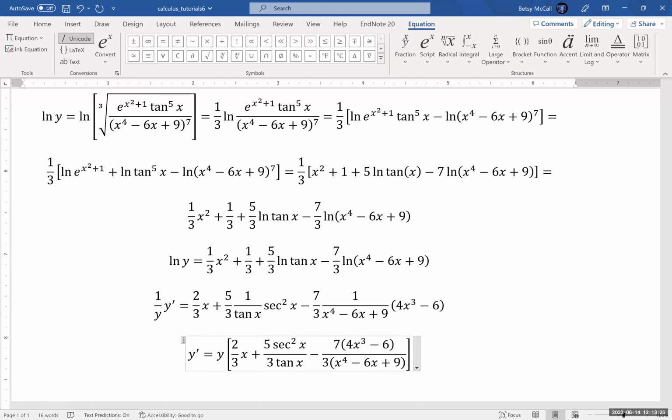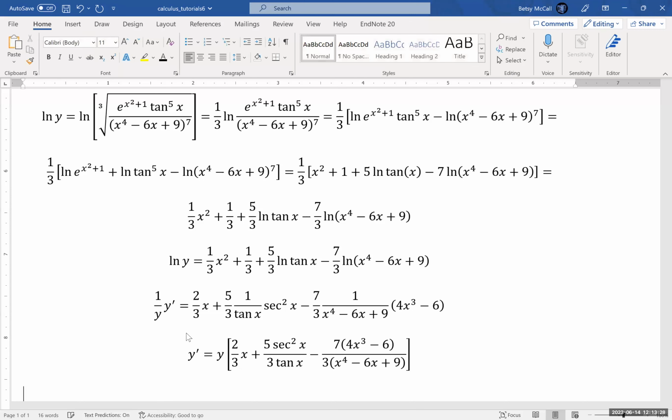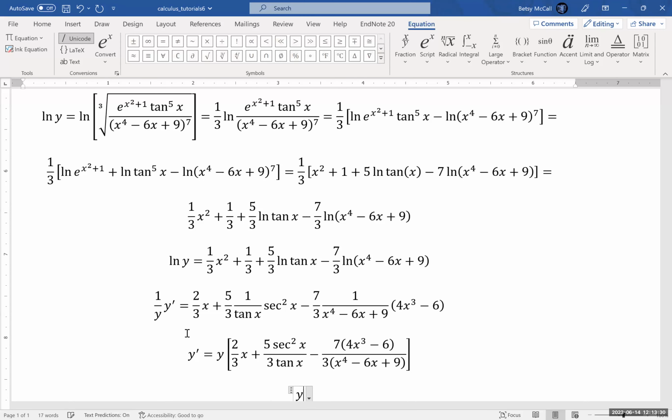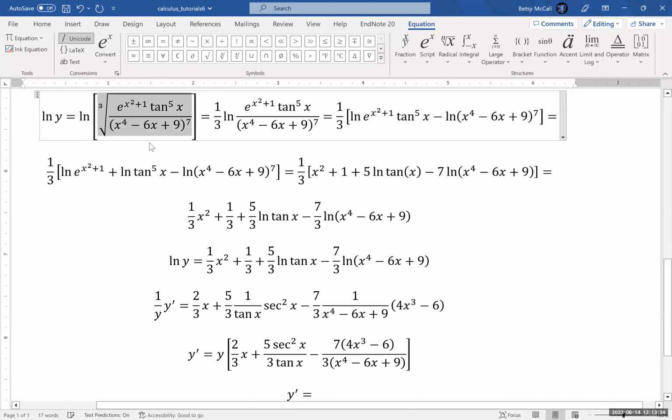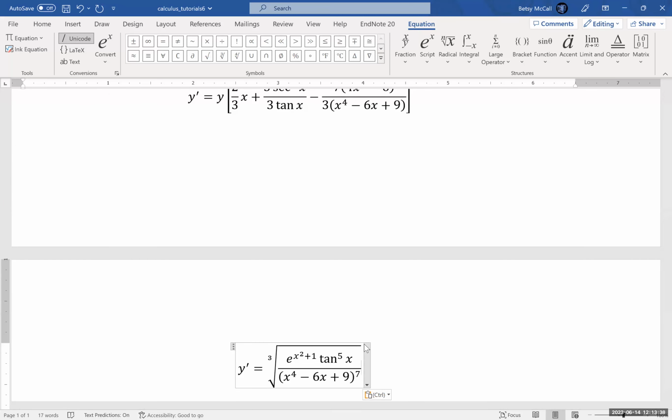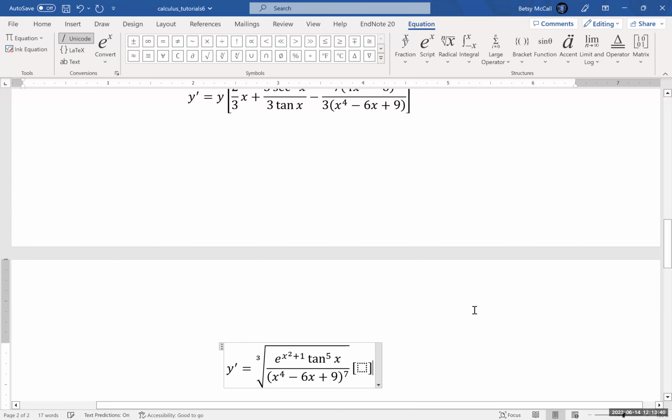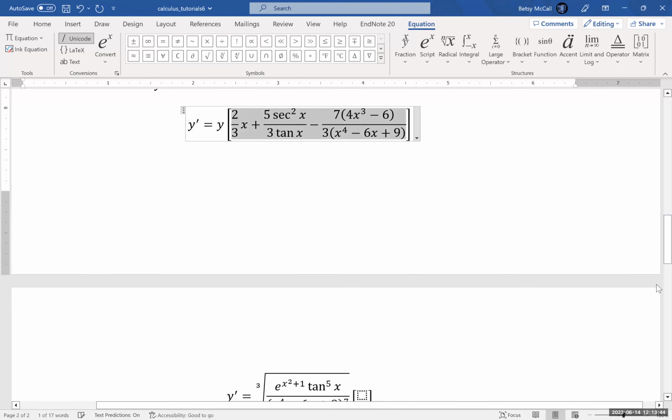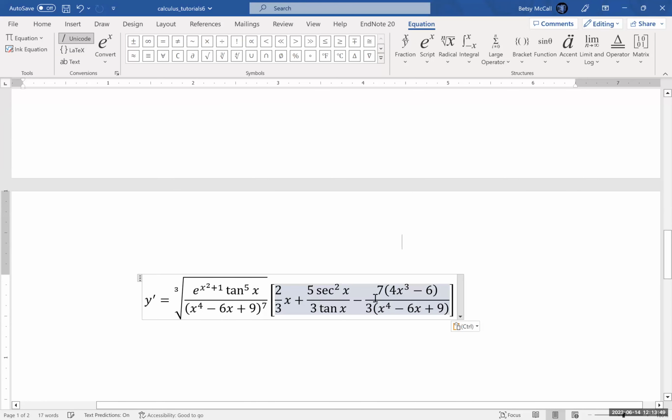And then we replace the y with the original function. y prime is equal to our crazy original function times everything that we got from taking the derivative implicitly.